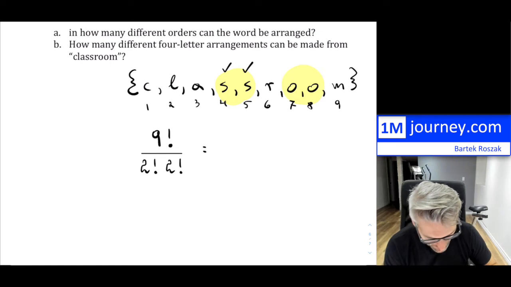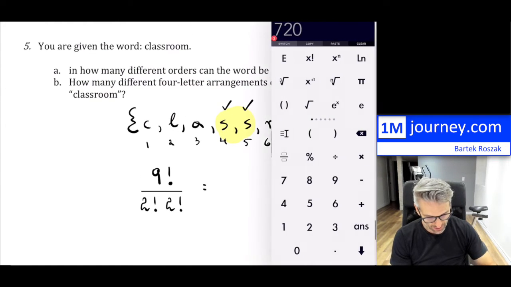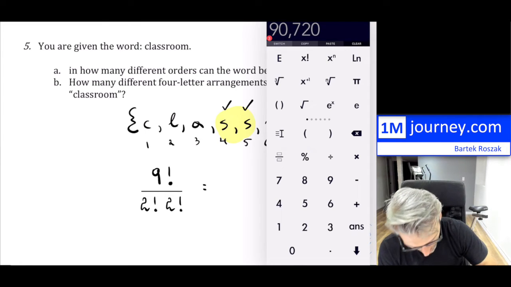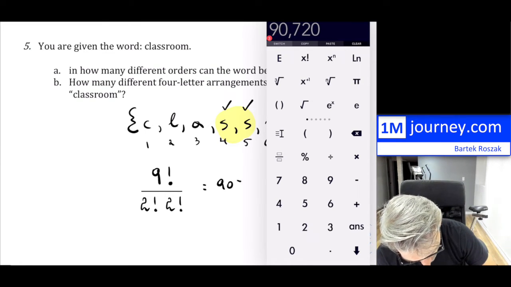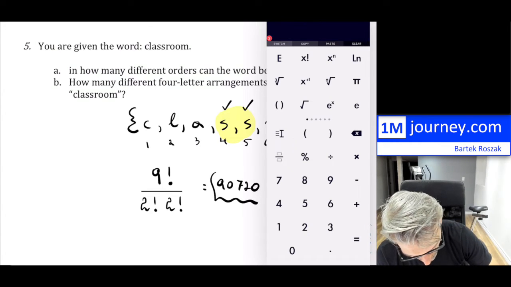So this is 9 factorial divided by 2 times 2, which is 4. That's still quite a lot of ways: 90,720. Okay, so that's the first one.